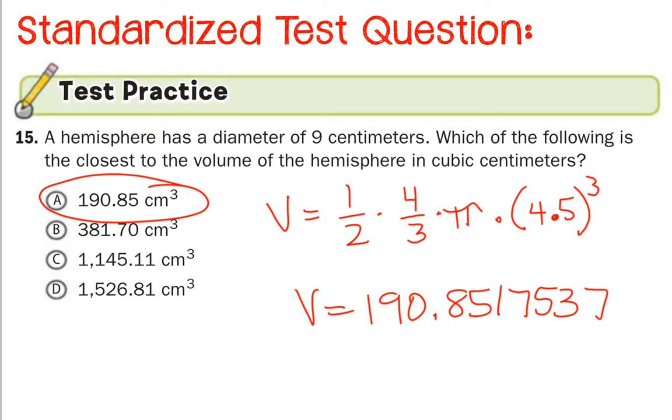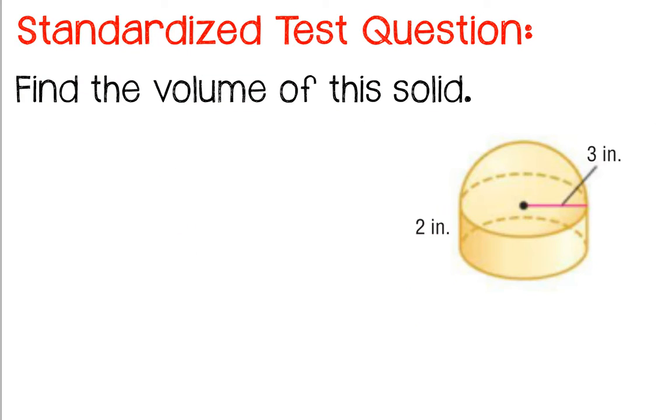Alright, let's give a more challenging question a try. Find the volume of this solid. Now this solid is a combination of shapes. Pause the video to see if you know what shapes there are and how to combine their volumes. Do you see it? This bottom piece is a cylinder. But this top piece looks like it's only half a sphere, or a hemisphere.